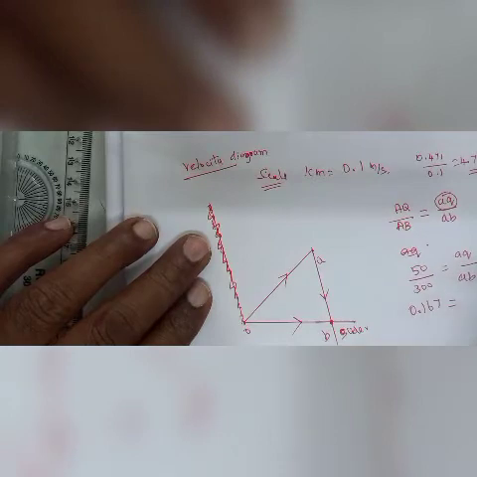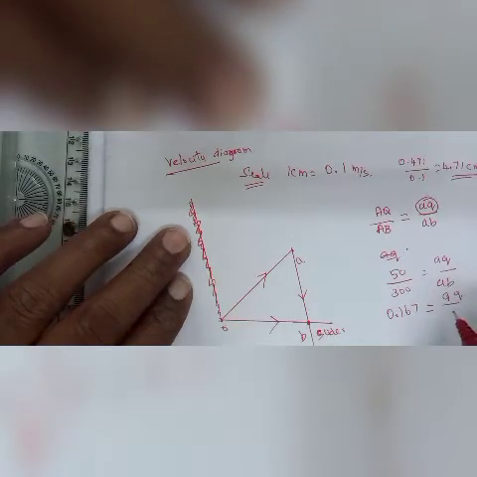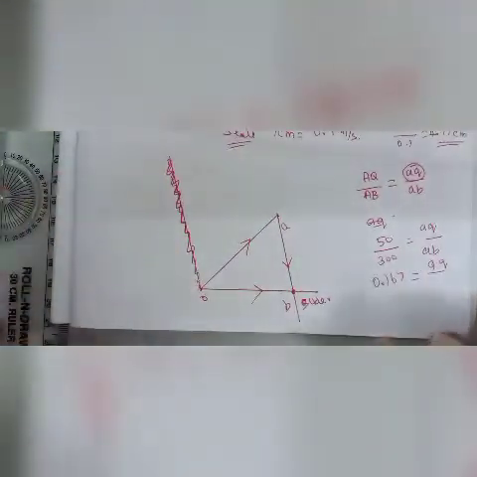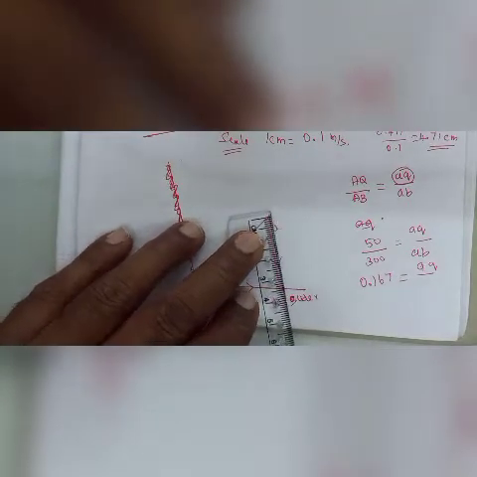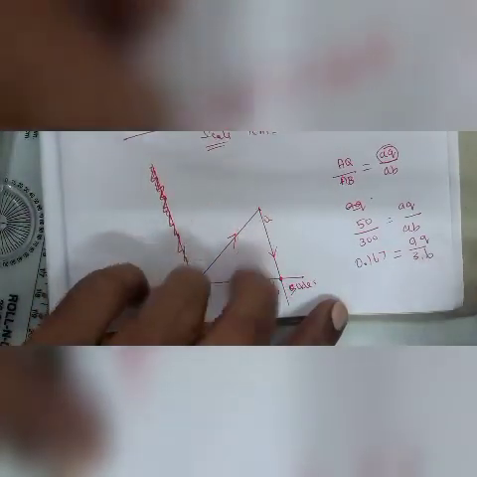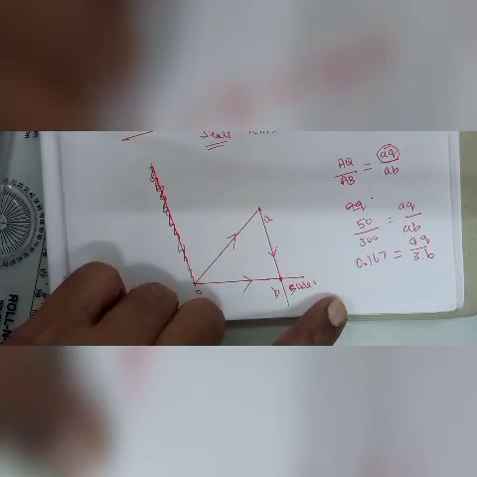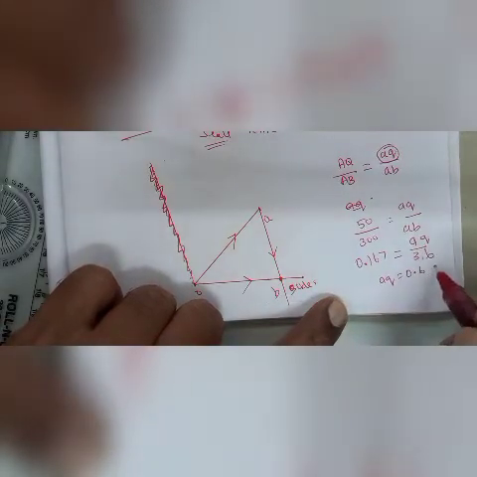That is equal to small aq. That is what we have to find out, and I am going to measure this value ab. It is around 3.6. So 3.6 multiplied by 0.167. So aq is equal to 0.6 centimeter.